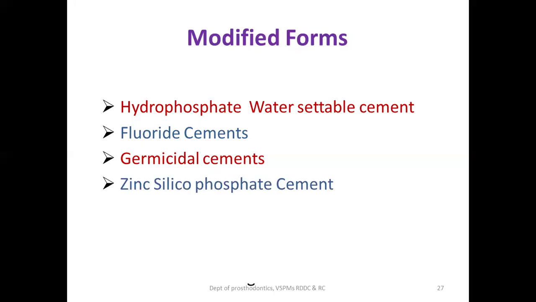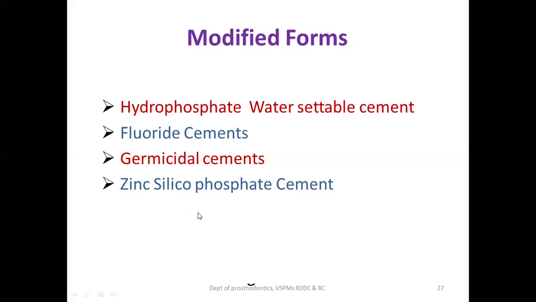Now, the last and fourth modification is the zinc silicophosphate cement. If you just see the name, zinc silicophosphate, you can see one cement name is hidden in this: zinc phosphate. That is a modified form of it only. And the second hidden cement name is the silicate cement.